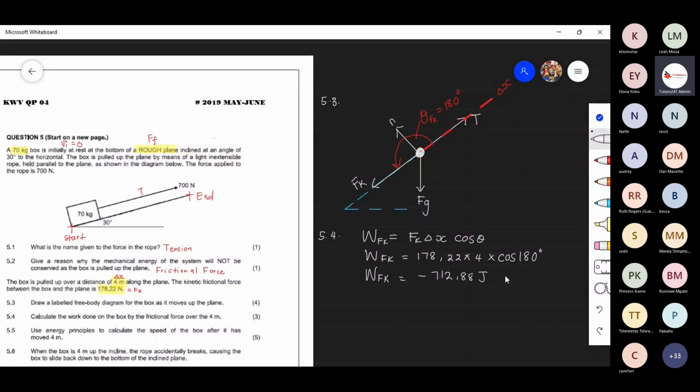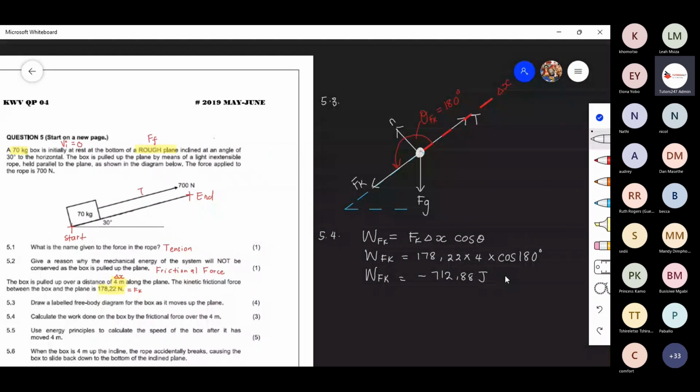So that's the same as putting in a negative 178.22. So don't include the direction, the minus or positive sign, because the formula basically does it for you. So why would you want to do the extra work? And if you do include a negative 178.22, your final answer would have been positive.